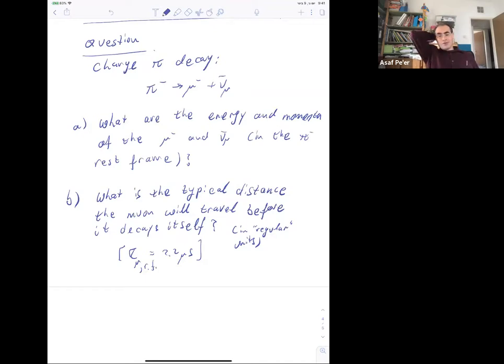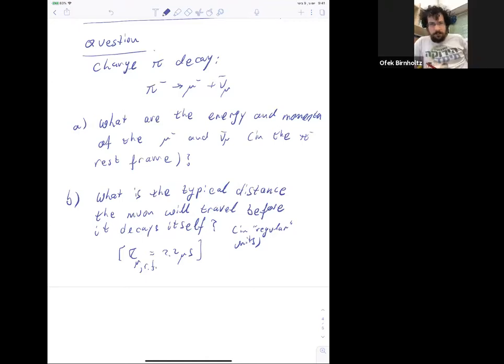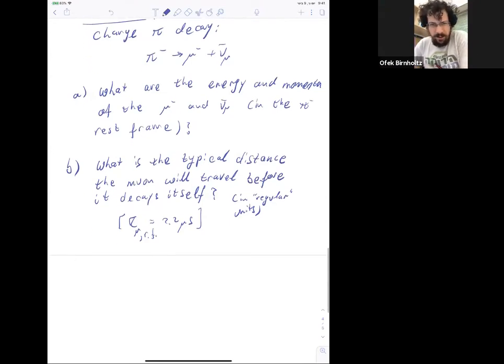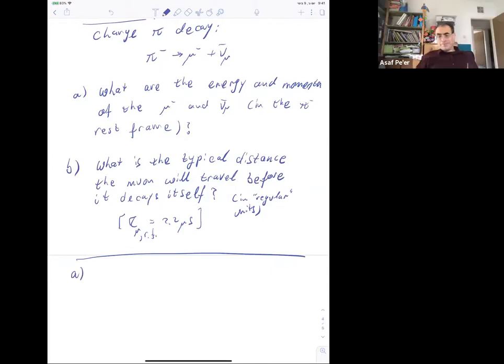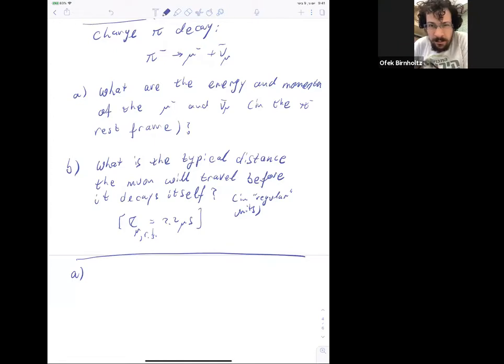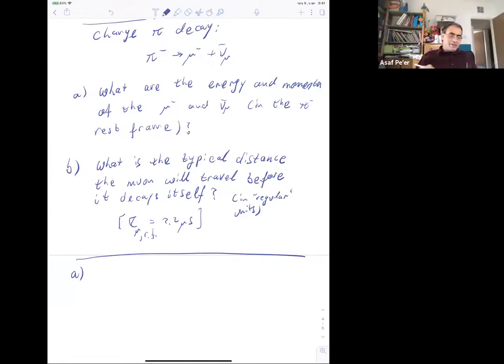In practice, we need to do it using the four-momentum formalism. Of course. For this we need the rest mass of the pion from the book, M pion. So one by one.